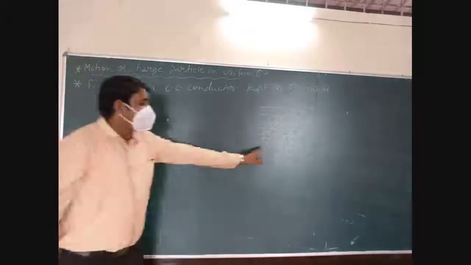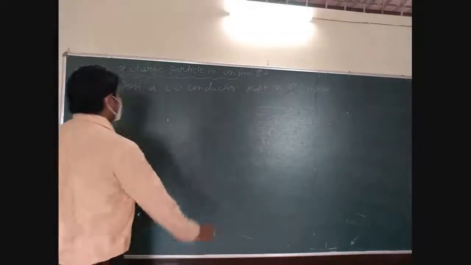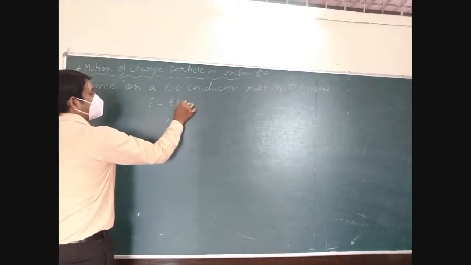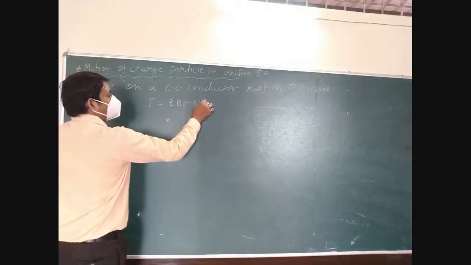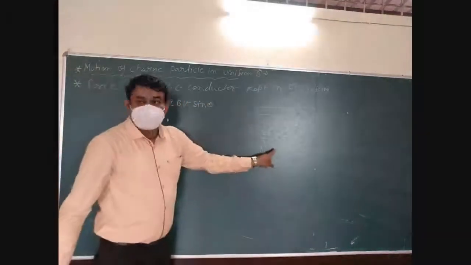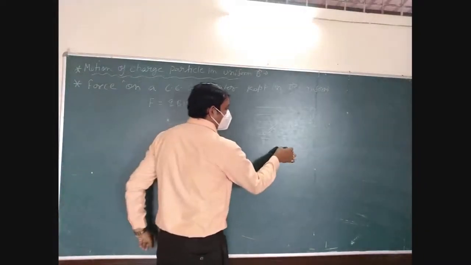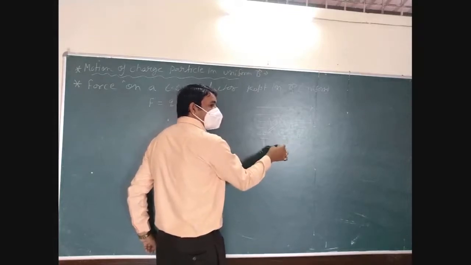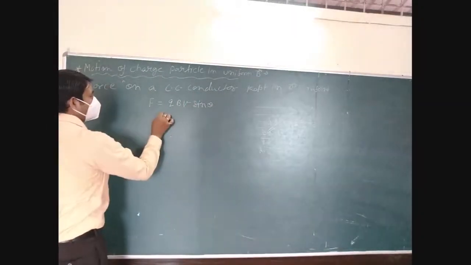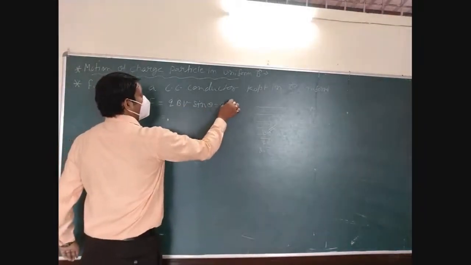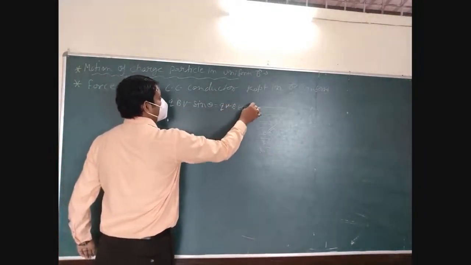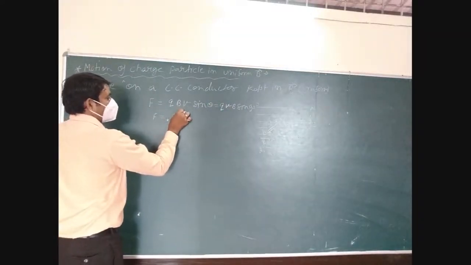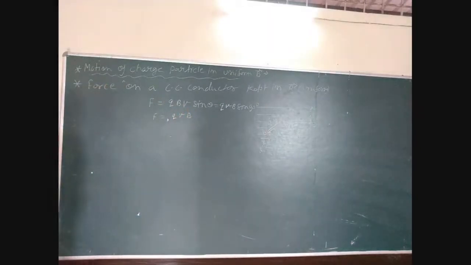Then what does it experience? It experiences a magnetic force, which is given by the Lorentz force equal to QVB sin theta. For this situation, the charge is moving along the wire or path AB and perpendicular to the field. That means we can take QVB sin 90. This F is equal to QVB only.